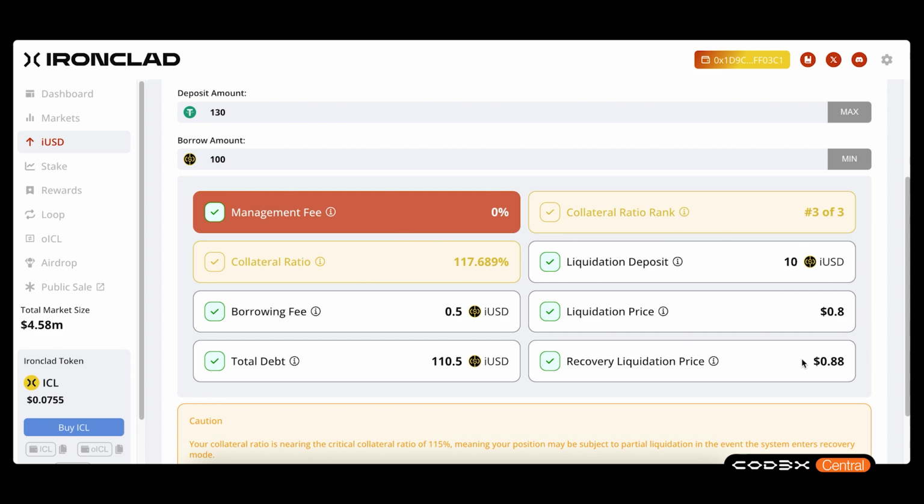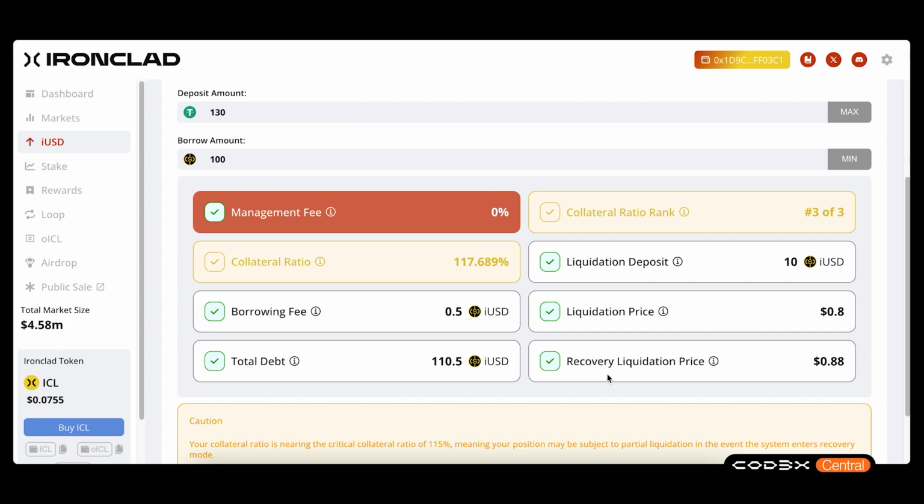Okay, so we talked about everything except for the recovery liquidation price. Now this is probably the least important to understand. Essentially, this just says if the total collateral in the system reaches some critical level, the recovery mode is a failsafe.